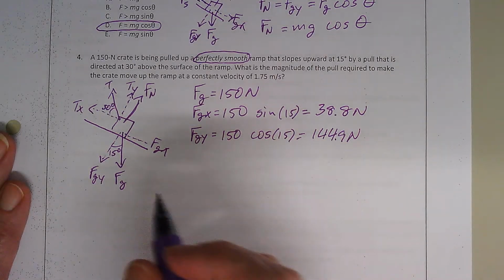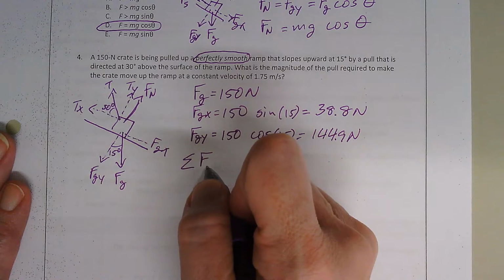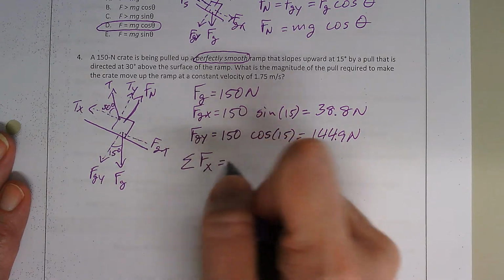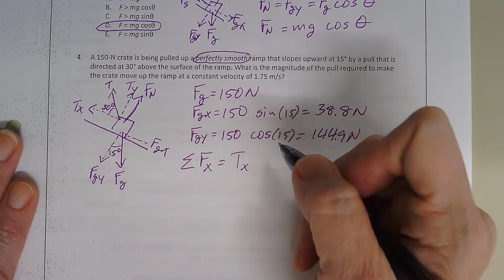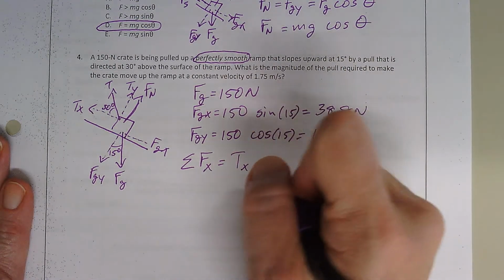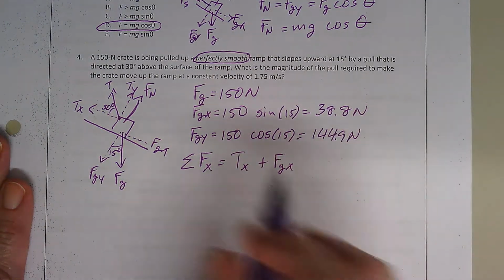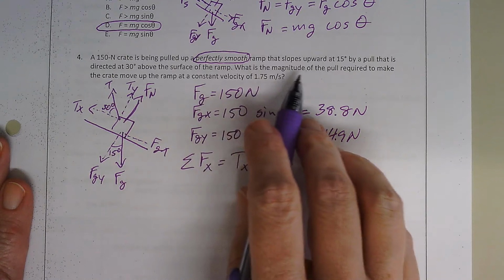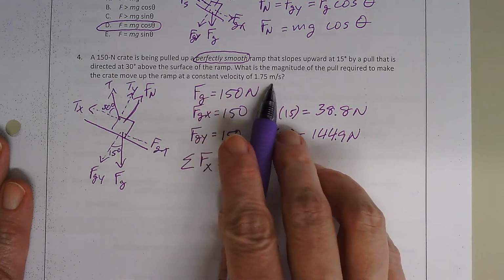All right, now for the forces in the X direction, I have my tension component in the X, plus my Fgx, and it's being pulled up a perfectly smooth ramp at a constant velocity.